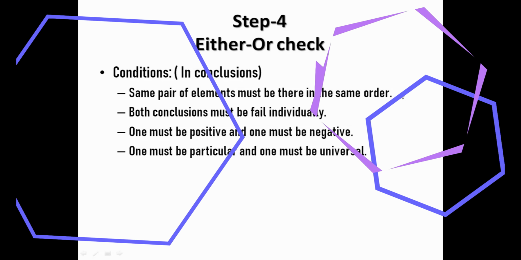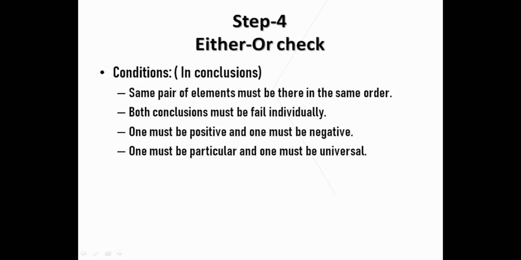And step 4 is the mandatory step for every question, the either or check. Even in the Venn diagram method also, we check the same conditions. What are the conditions? These conditions we have to check in conclusions. In conclusions, the same pair of elements must be there in the same order.